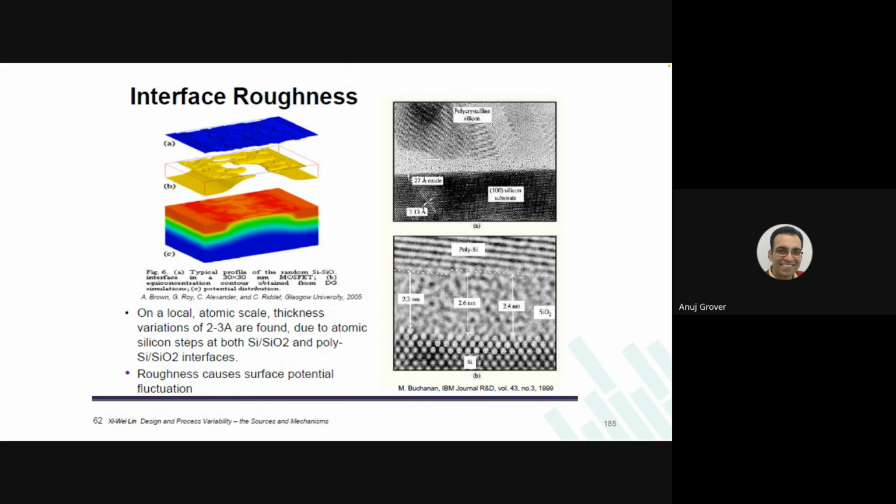Now, how many molecules would come in that thickness of 1.8 nanometers or 1 nanometer? What is the size of one silicon atom? What is the size of an oxygen atom? How many atoms of silicon and oxygen, and how many molecules of silicon dioxide are we talking about, in that 1 nanometer or 10 angstroms or 18 angstrom thickness?